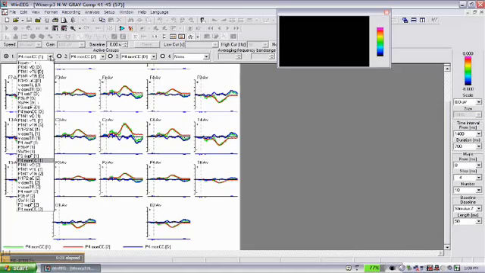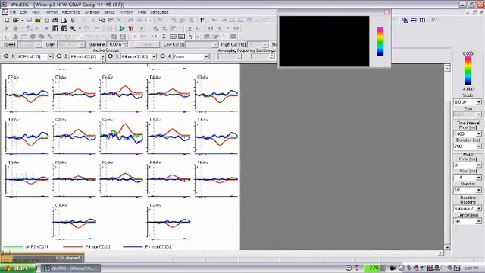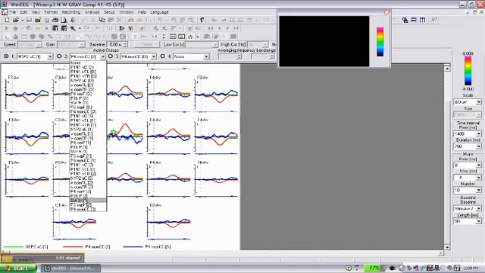We can compute also the P3A component. This is associated with the orienting response in this patient, and we can compute this component and then compare this component with the database.